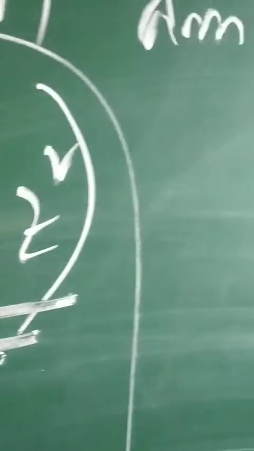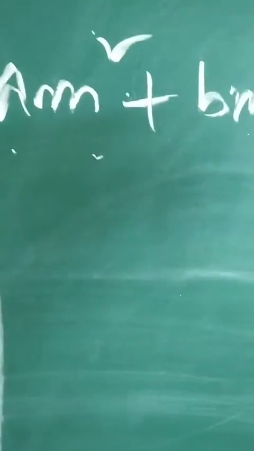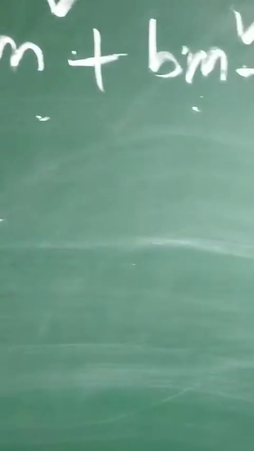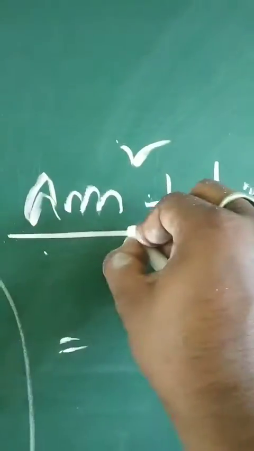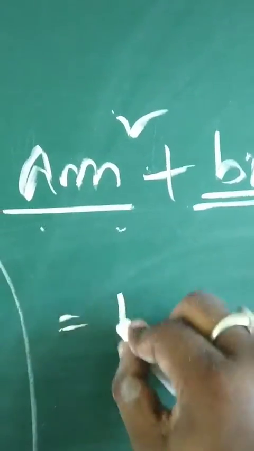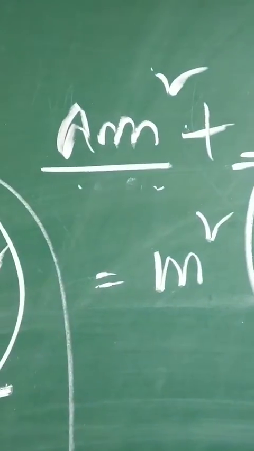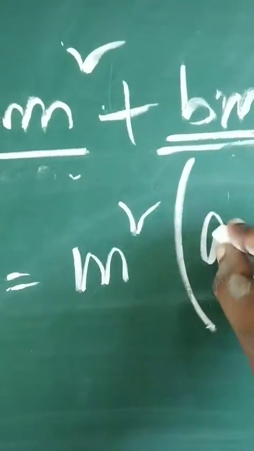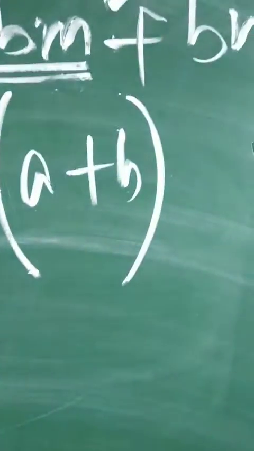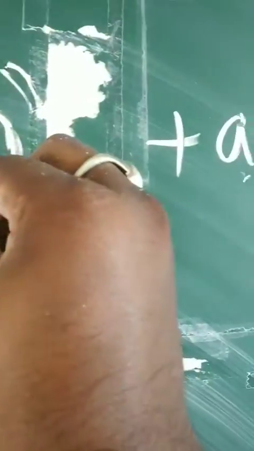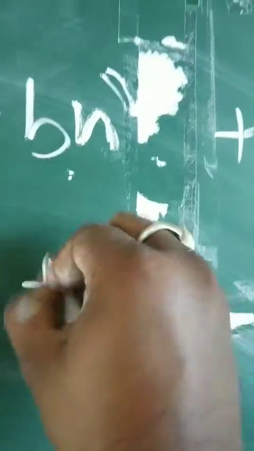Next one is am square plus bm square plus bn square plus an square. Let's check how to do this. Children, here is am square, here is bm square. Can we take away m square from both of these? Yes, we can. What will be left? A plus b. Again, from bn square plus an square, can we take away n square? What will be left?